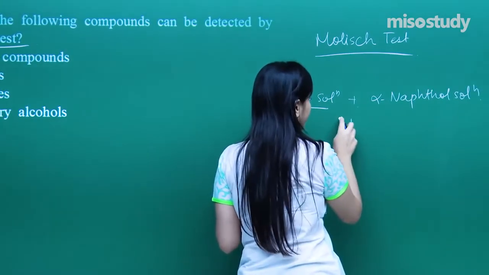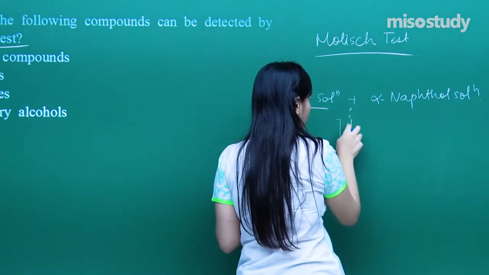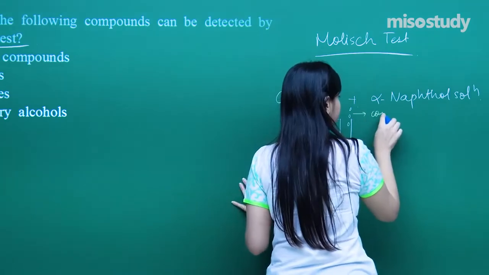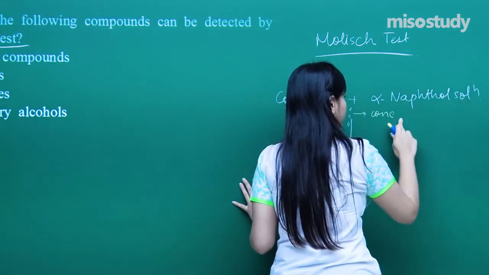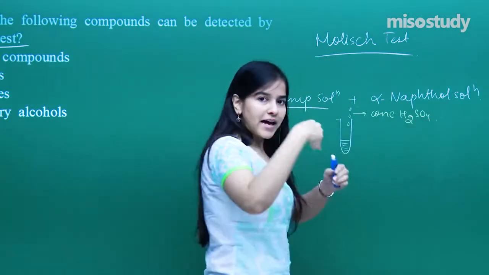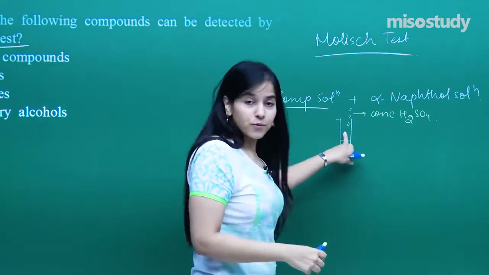Then I add a few drops of concentrated H2SO4, sliding onto the sides of the test tube. So, I need to slide down the drops over here.